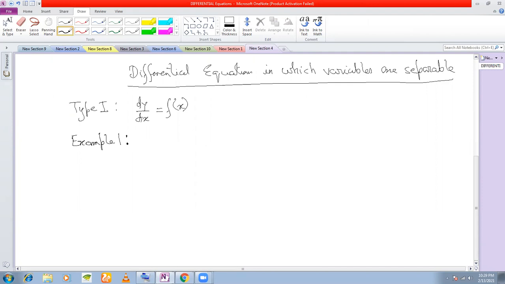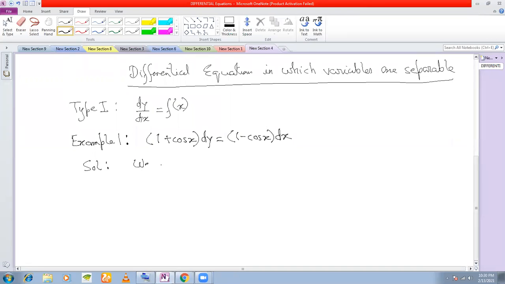Let us take a very easy one to start with. Let us see this. (1 plus cos x) dy is equal to (1 minus cos x) dx. Okay. How to solve this differential equation?